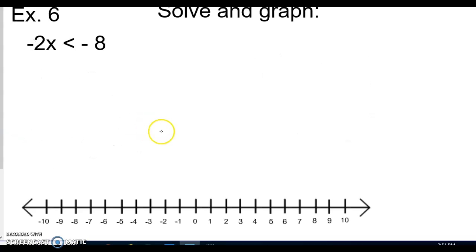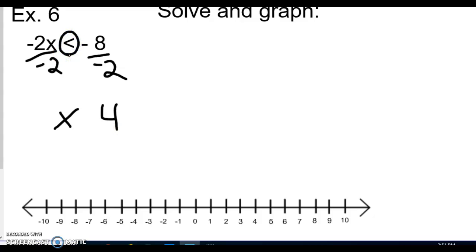Okay, example 6. We've got negative 2x is less than negative 8. Now when we divide or multiply by a negative, we're going to look closely at what will happen. So first off, a negative divided by a negative is a positive. But we're going to look at what happens to this inequality sign.